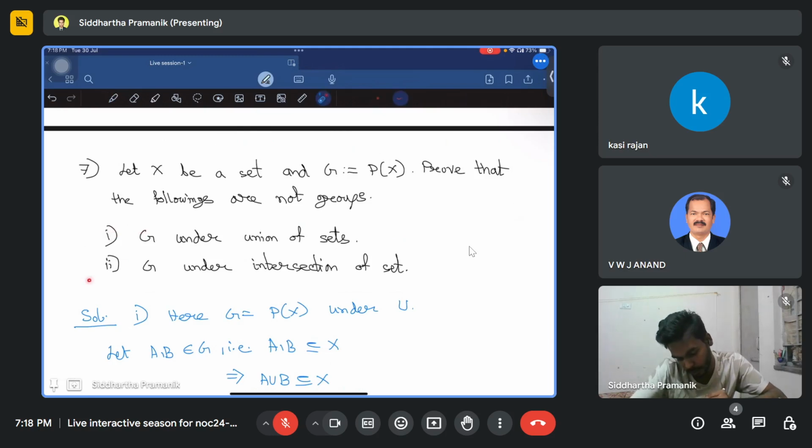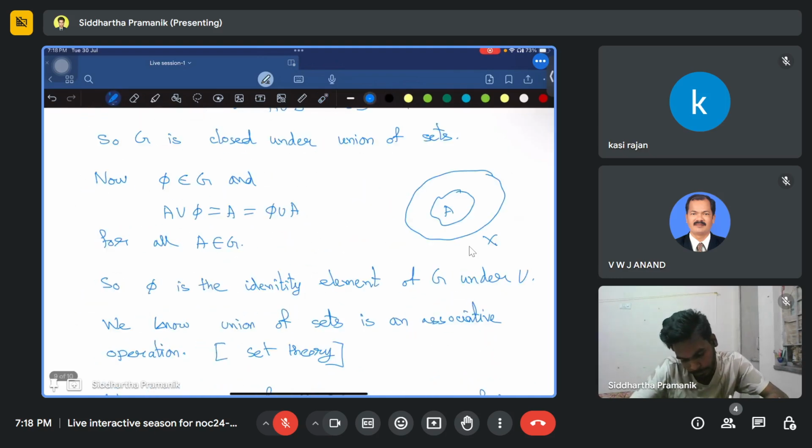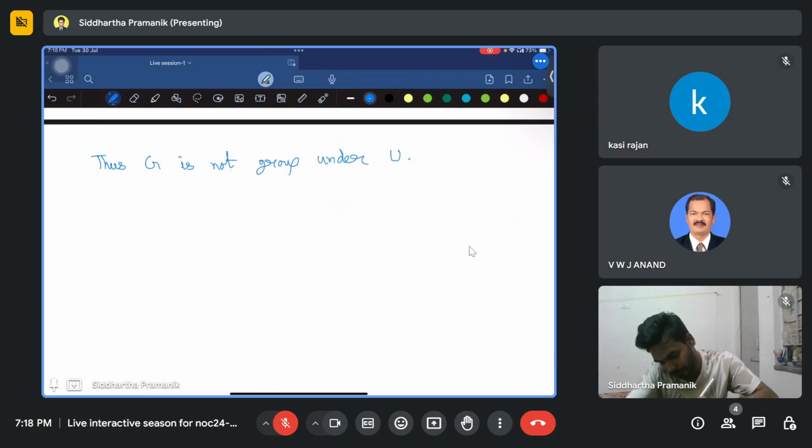Now we need to check for intersection of sets. Let's do the second one. First we will check the closure property. Let A, B belong to G. Our G is the power set of X, right?